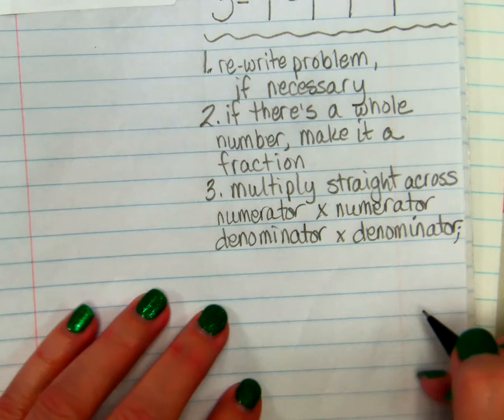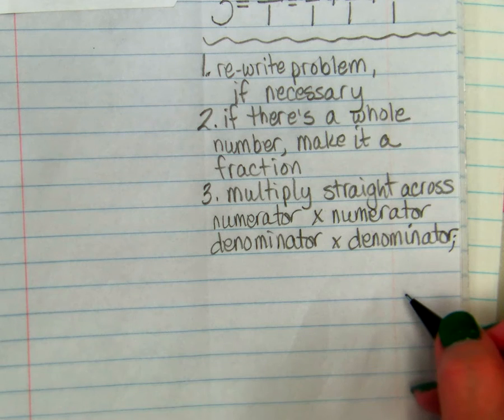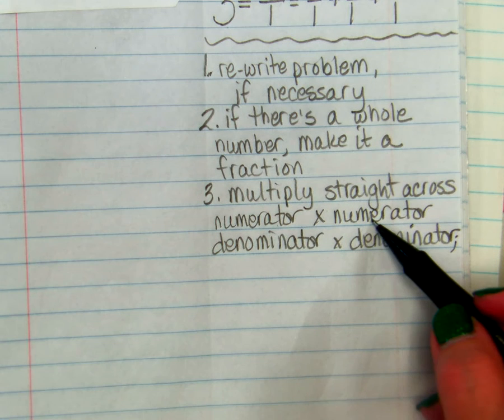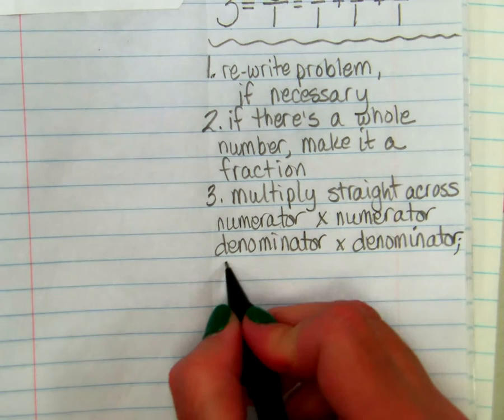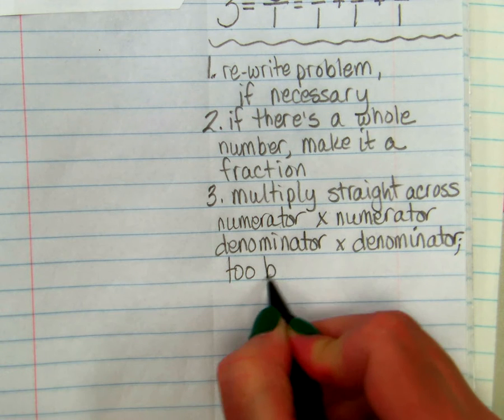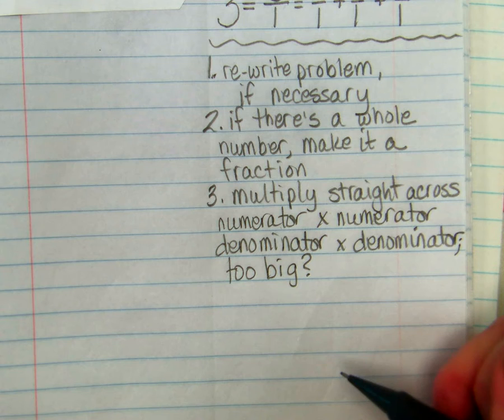Now step 3, this is a very important question. If you're looking at your numerators, they're both your numerators, and you're thinking to yourself, I am going to get an amazingly big answer, Miss Cruzy. And you're thinking to yourself, hey, is that too big? So your question to yourself is, is this going to be too big?